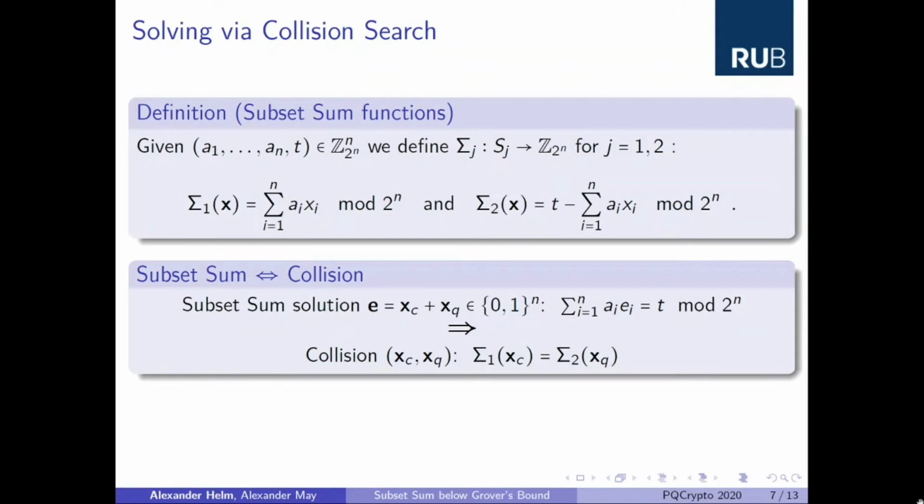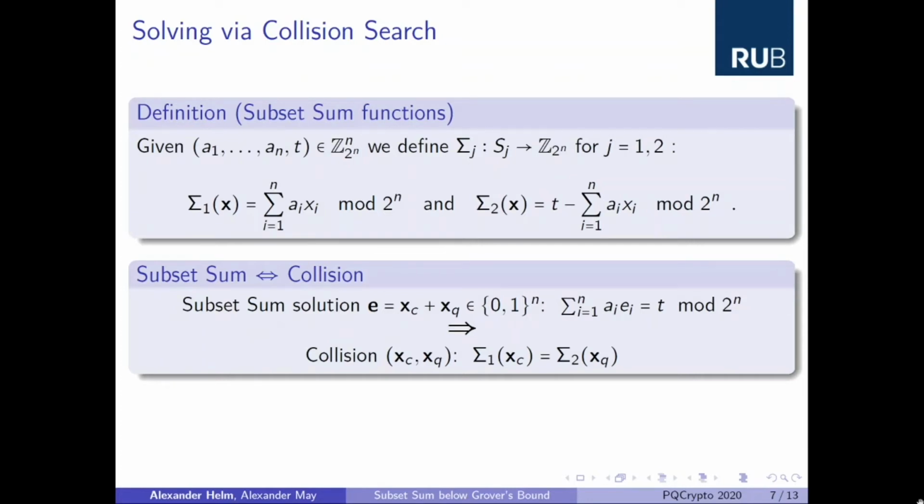For the reverse direction, we have to be more careful. Not every collision, xc and xq, gives us a solution of the subset sum problem. If we add two vectors with 0 and 1 entries, we can get a vector with 2 as an entry. And this kind of vector can't be a solution for the subset sum problem.